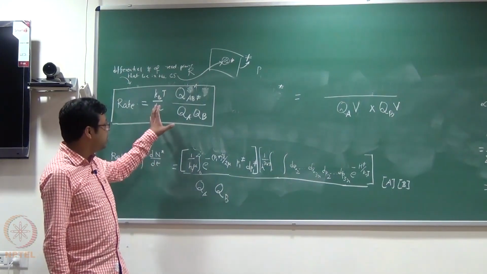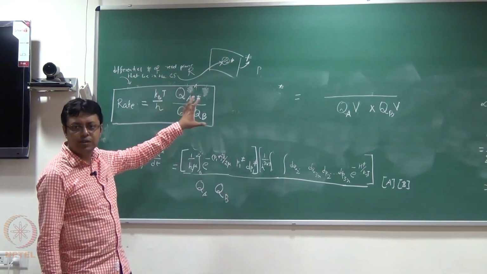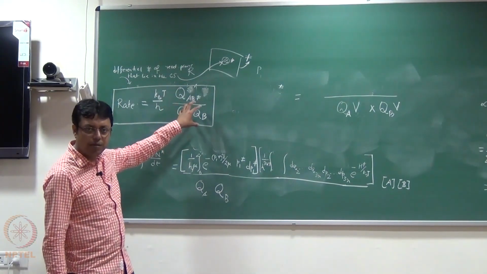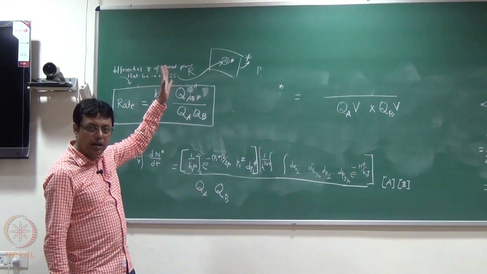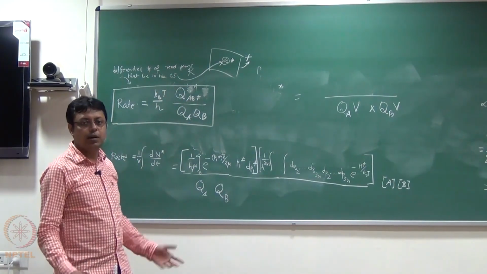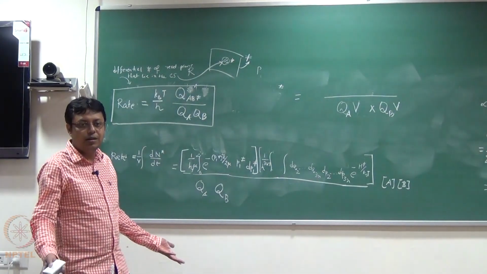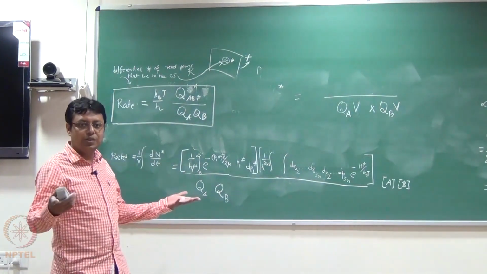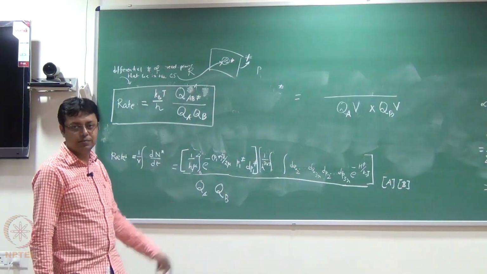So then you can just do electronic structure theory, solve H psi equal to E psi, get the density of states, and then calculate the partition function of A, partition function of B, partition function near the transition state. If you can calculate the density of states, then you are done. Then you don't need to do any dynamics as such. Only that H psi equal to E psi solution will give you the dynamics itself, because I have derived the equation.